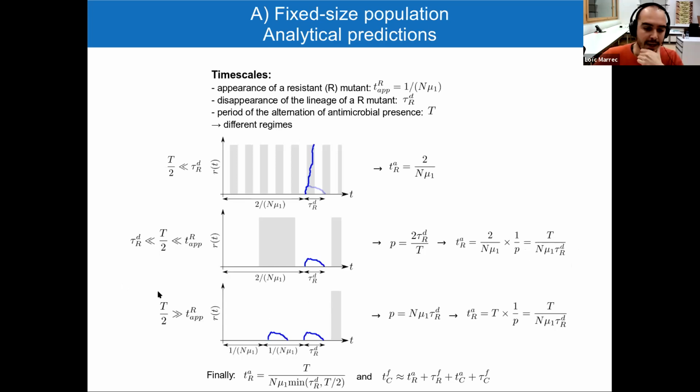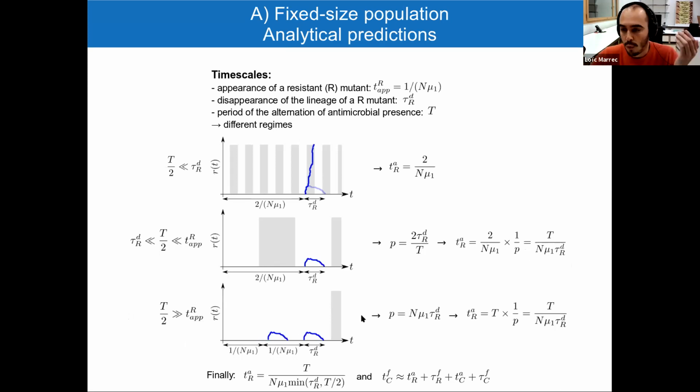And here again, if the period is much larger than all the other timescales, we can do exactly the same thing. So in that case, many mutants can appear before an addition of drugs.